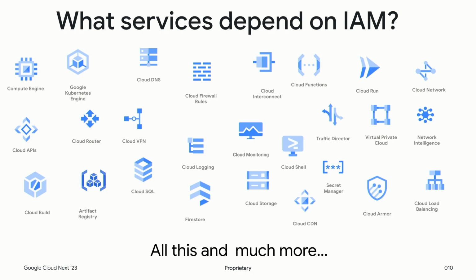In fact, IAM is one of those services in Google Cloud that we refer to as a horizontal service. What does that mean? A horizontal service means that all of these other services in Google Cloud rely on IAM in order for you to properly leverage them. If you want to create a GCS bucket or an encryption key, you're going to need the right IAM permissions in order to do so.